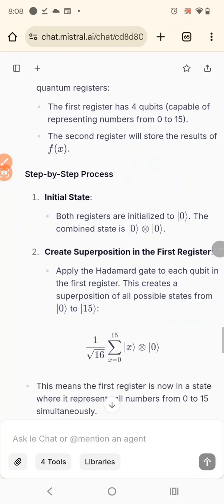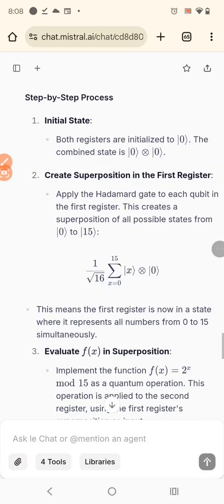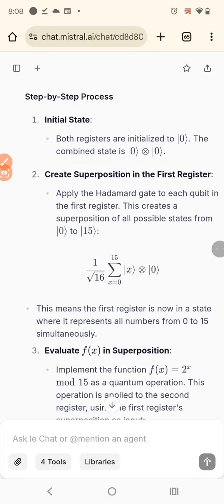The combined state is 0 cross 0. And now we apply some gate like Hadamard, for instance, and now we have all of the 16 states in a superposition.